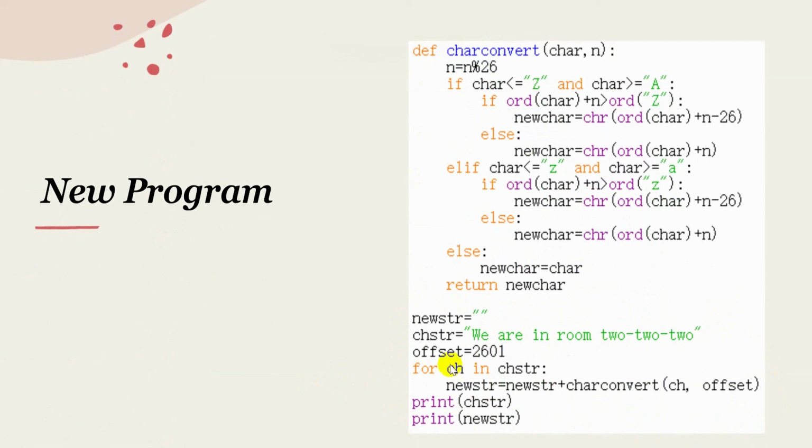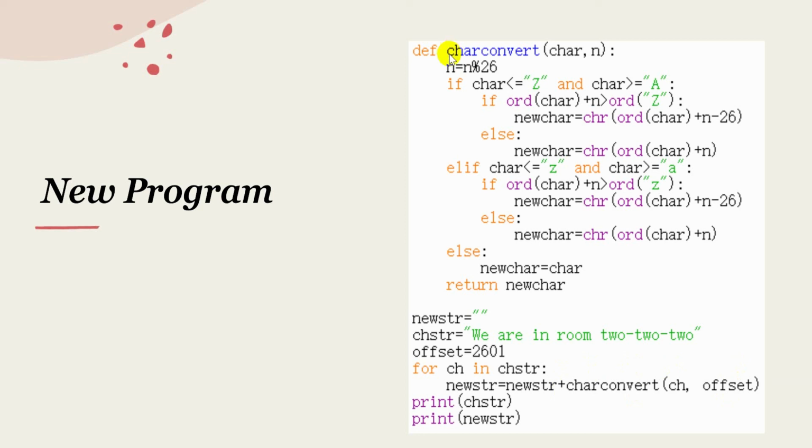But here, the offset is 2601, which is obviously really big. That's why we created a function, so that it won't go off somewhere else and, instead of printing letters, print some other stuff. So when we encrypt it, we're going to use the function that we define.